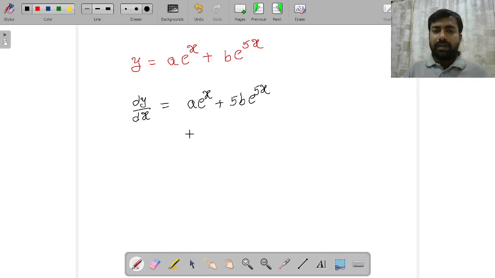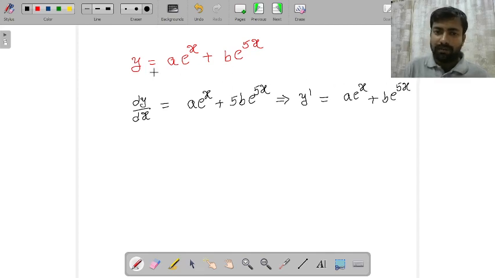Okay, now this one can be rewritten like this. So y prime equal to, and if you observe that this a into e power x plus b into e power 5x is exactly y. So in place of this you can replace y, but you have 5 extra here.